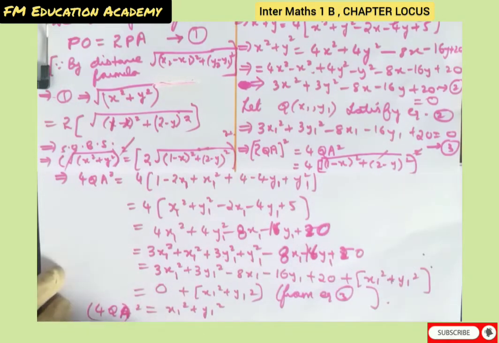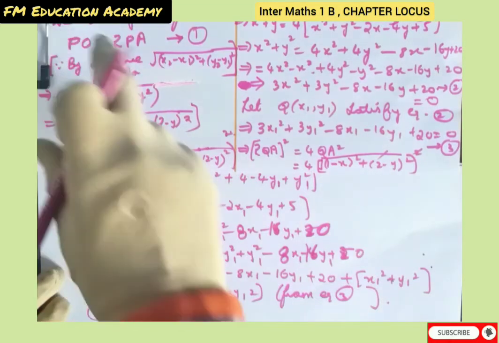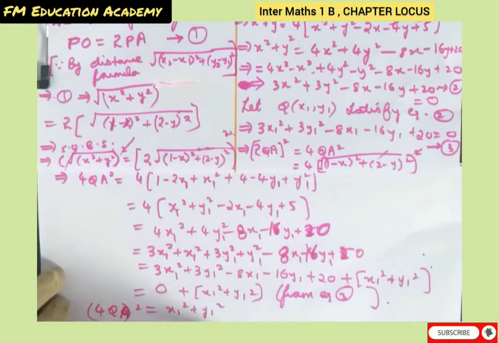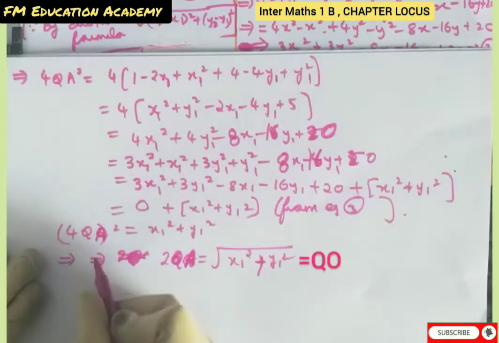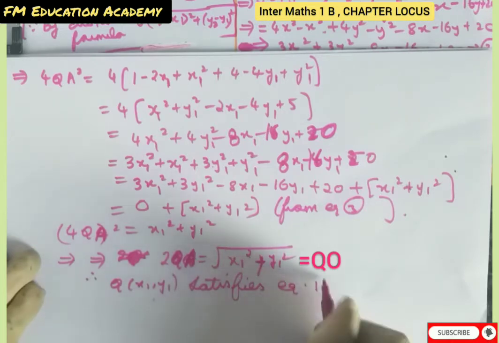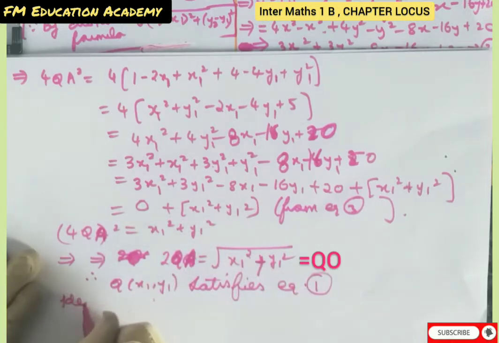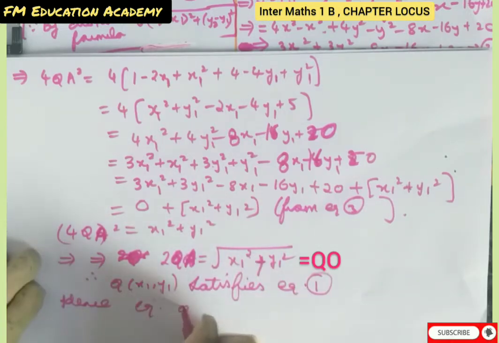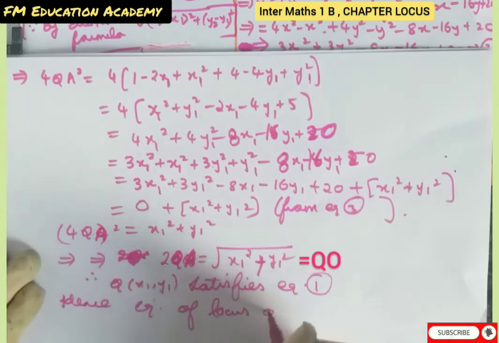So here we can say that 2PA is equal to OP, and here we got 2QA is equal to root of x1 square plus y1 square. So we can say that this Q(x1, y1) is satisfying equation 1. Therefore Q(x1, y1) satisfies equation 1. So what can we write? Hence the equation of locus of P is, what is the equation of locus of P?